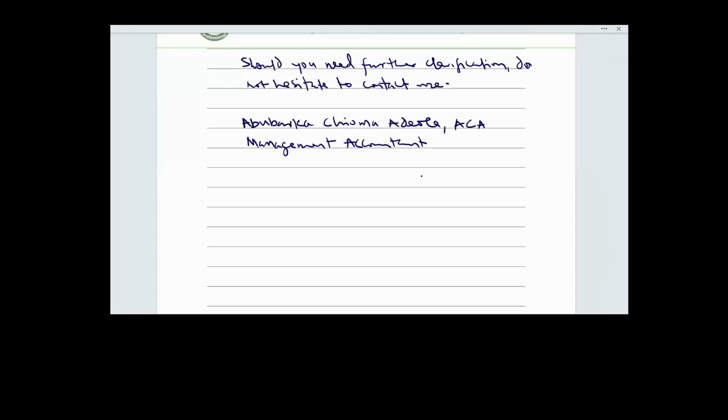Then, of course, it may well be that the person that will sign it will be in the headquarters. Let's also say that this is a multinational company. For example, let's say the company has a subsidiary in Nigeria and the headquarters is in the UK. So before the report will leave Nigeria to the UK, the local management will need to review and endorse it. So somebody will prepare it.